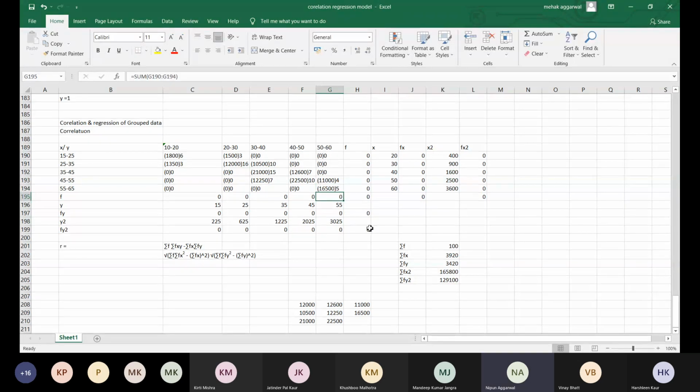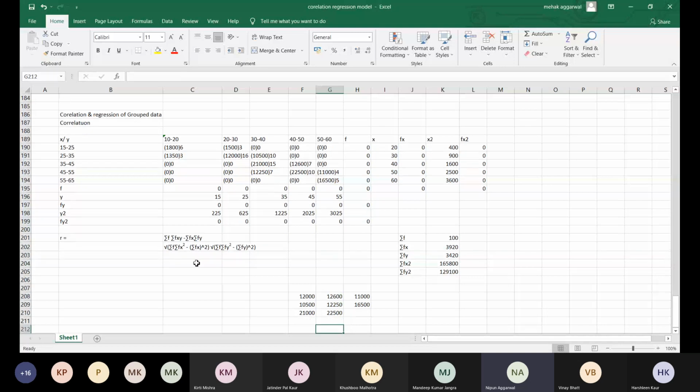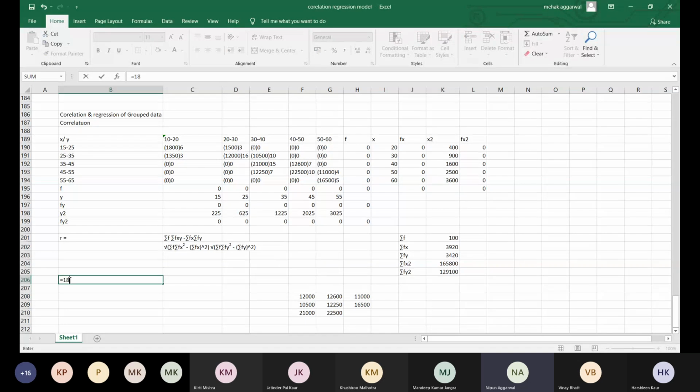Fine. So we have calculated all individual fxy. Now you want summation fxy, the sum of all these individual fxy. So which will be equal to, first is 1800 plus, you have to sum all these individual fxy's.